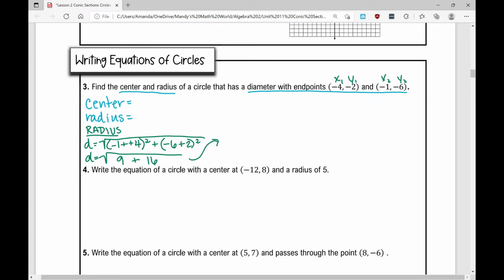This means the distance between the 2 points is the square root of 9 plus 16, which is 25. What is the square root of 25? It's 5. So the distance between those 2 points is 5. That's the diameter, which means the radius is 5/2, or 2.5 for those of you that are decimal people.